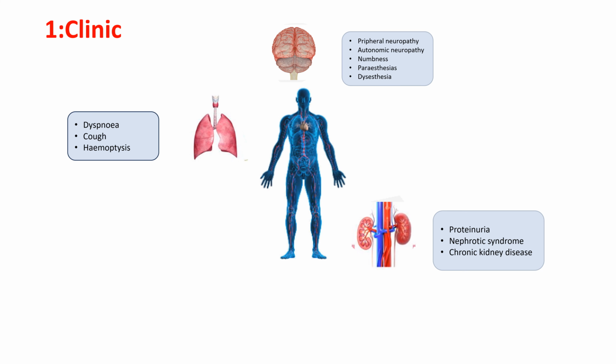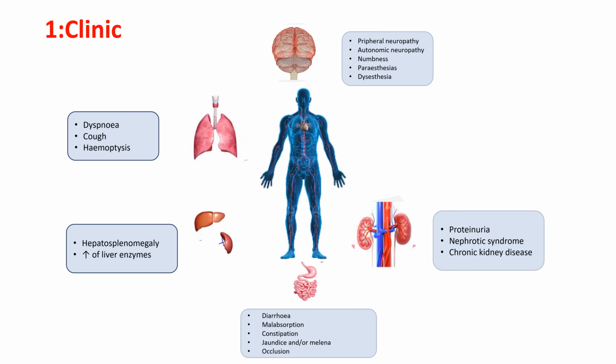Lung with dyspnea, cough, and hemolysis. Gastrointestinal symptomatology with diarrhea, malabsorption, constipation, jaundice, and or melena and occlusion. Spleen and liver, we can see hepatosplenomegaly and elevated liver enzymes. Cardiac with dyspnea, exertion, diastolic dysfunction, hypotension, and arrhythmia.